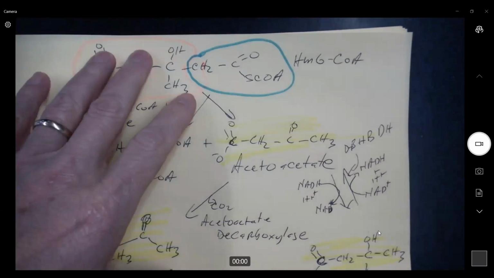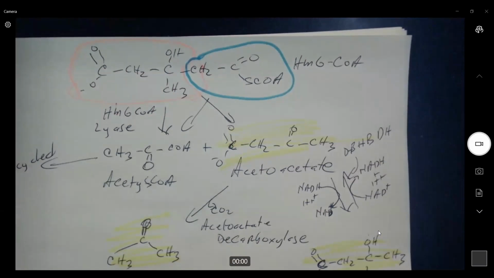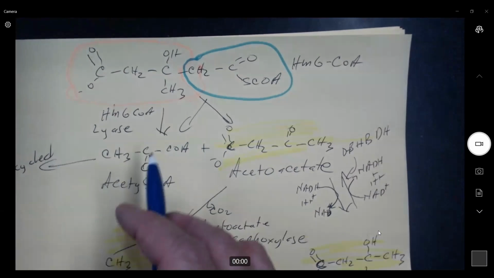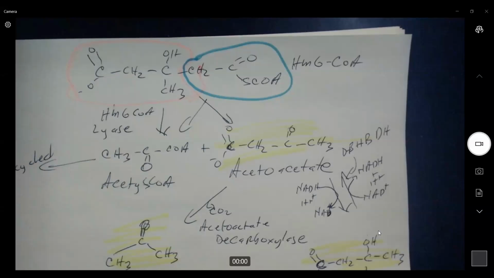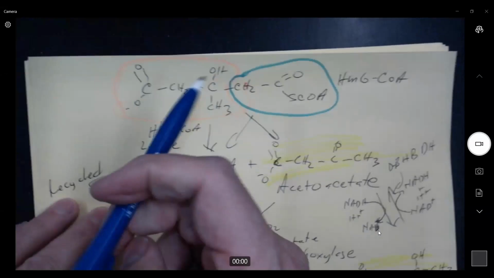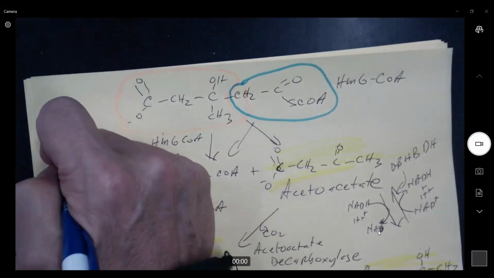You can't break down the beta hydroxy beta methyl glutaryl coenzyme A. This is treatable by diet, by restricting the amino acid leucine, because remember, this is also involved in leucine degradation.